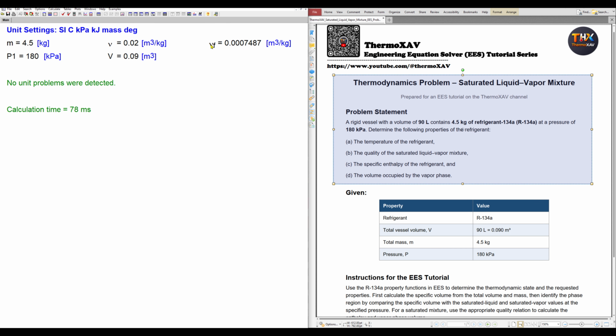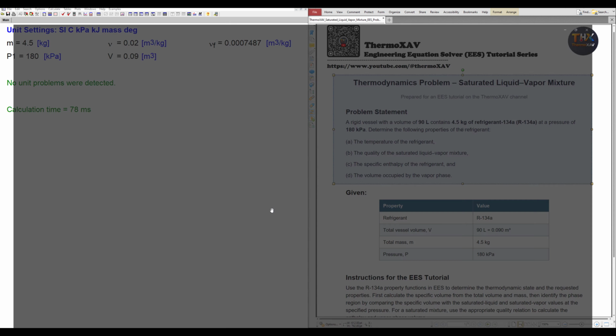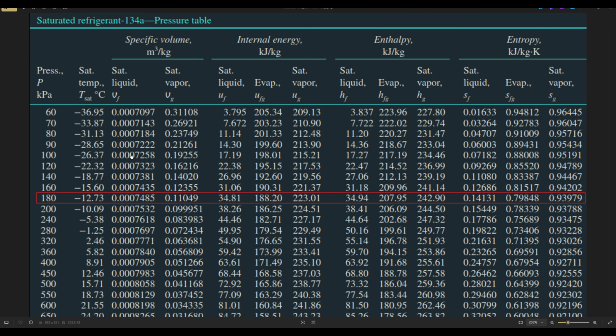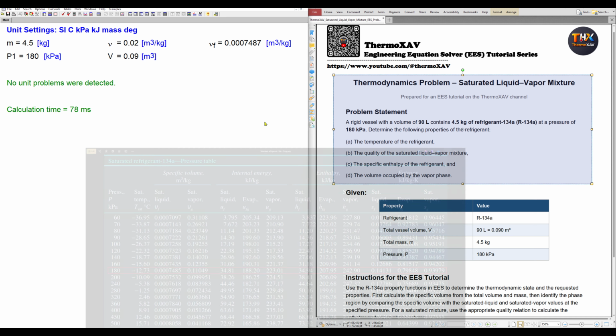According to this equation, nu f is equal to 0.00074, which is equal to this value according to the table data. And then I'm going to calculate the specific volume for this saturated vapor, which is nu g.